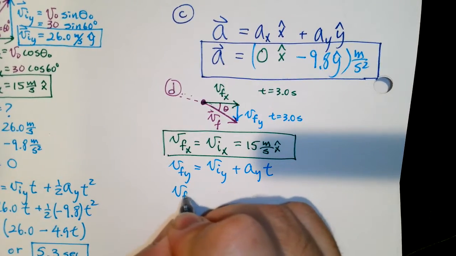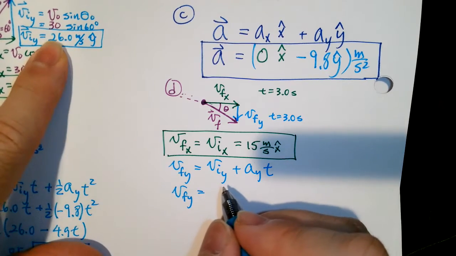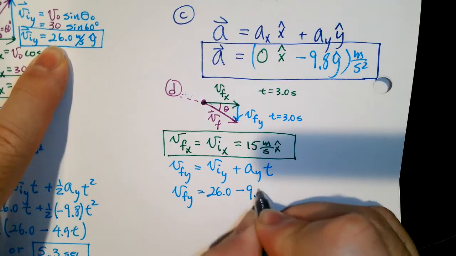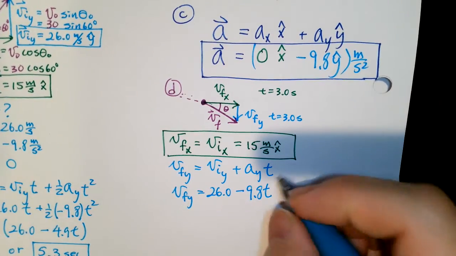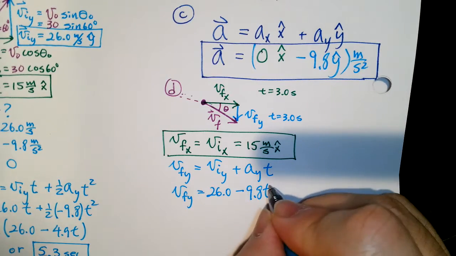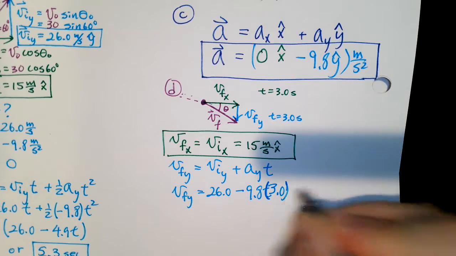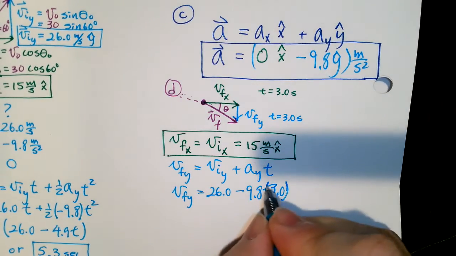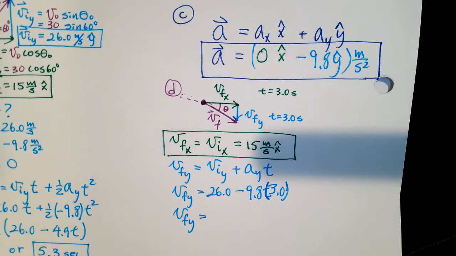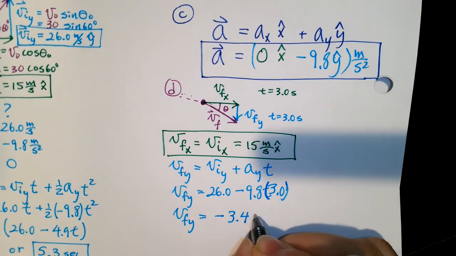So your VFY is equal to your VIY, which is 26, minus 9.8 t. The t itself is 3 seconds. So my VFY is equal to negative 3.4 meters per second.